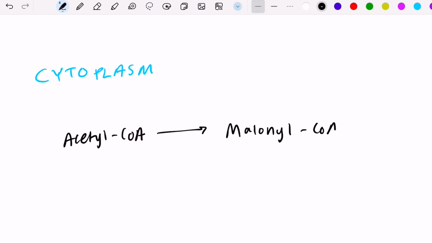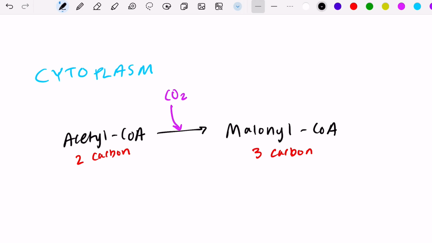Some people say malonyl, same thing, right? The only difference between them is acetyl-CoA is a 2-carbon molecule and malonyl-CoA is a 3-carbon molecule, okay? And if you're noticing a pattern with some of the molecule transformations in the citric acid cycle, when we have a difference in the number of carbons, the main thing that's going to be exchanged is a CO2 molecule.